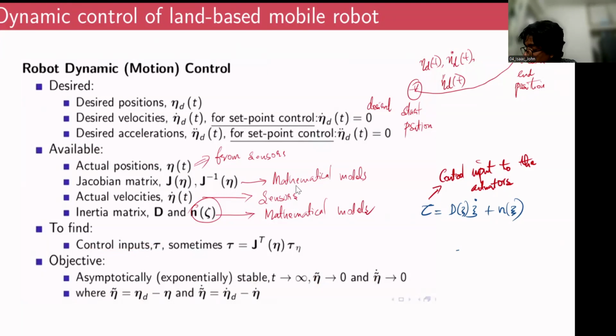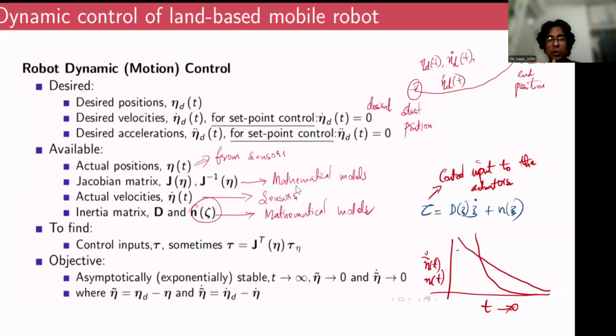If you plot the position and velocity errors on the y-axis and the time on the x-axis, both should asymptotically converge to zero as time tends to infinity. So those are our objectives.